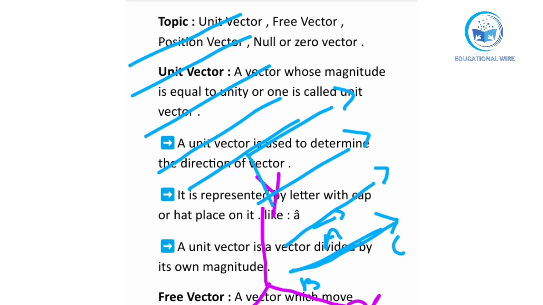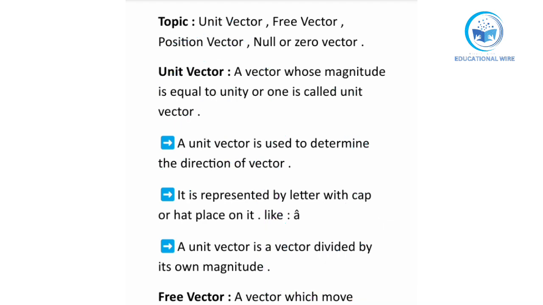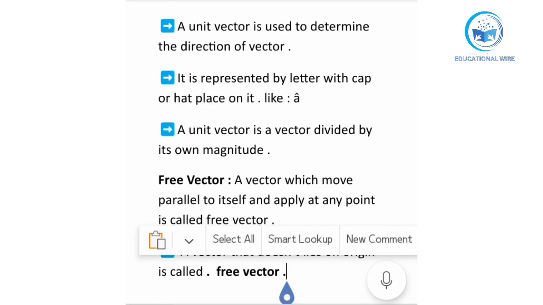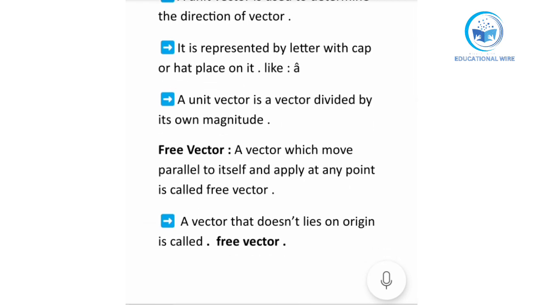It's going in a parallel position and doesn't lie on an origin. It's moving from one point to another but in a parallel position, so it's called the free vector. With the name we can understand what a free vector is. So this is called the free vector.